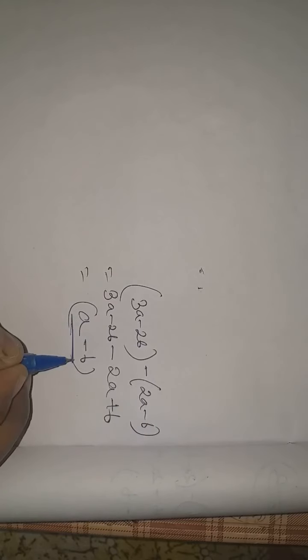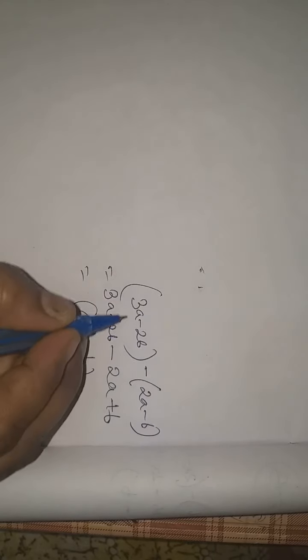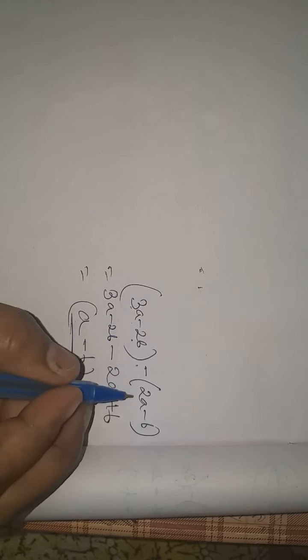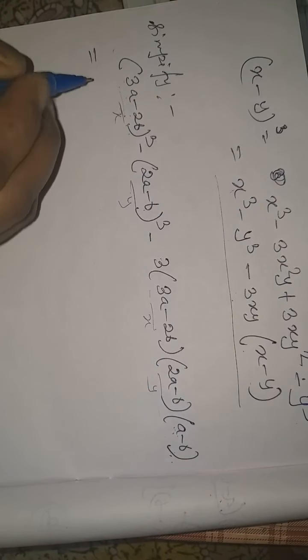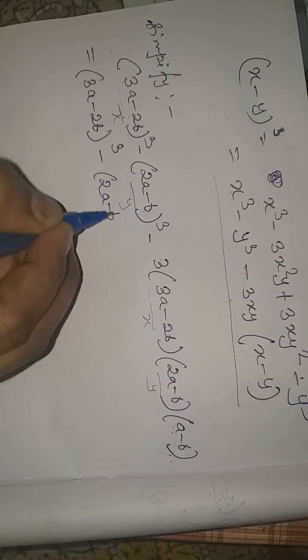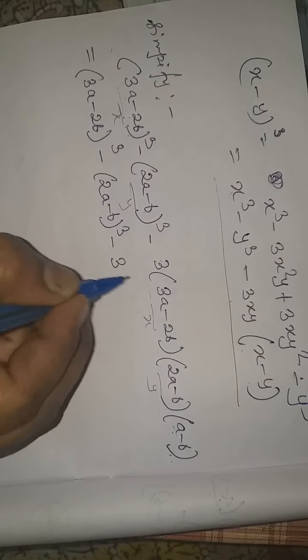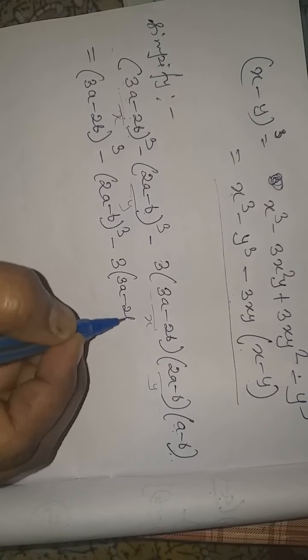So instead of a minus b we can write 3a minus 2b minus (2a minus b). So what should we do now? We should write the given sum in this form: (3a minus 2b) whole cube minus (2a minus b) whole cube minus 3(3a minus 2b)(2a minus b).